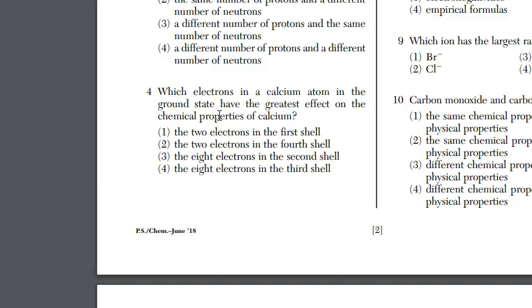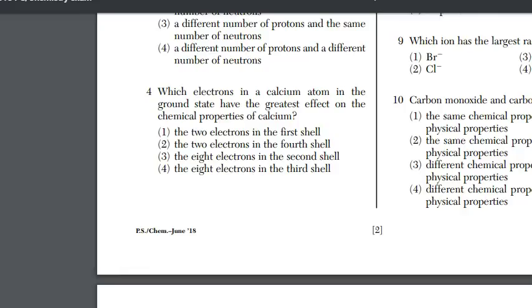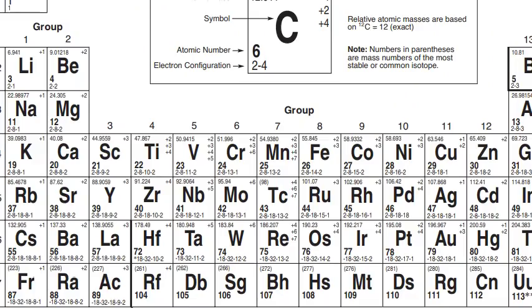If you do not know the symbol for calcium, start at reference table S. It lists the element names and the symbols. Find it, then go to the periodic table.